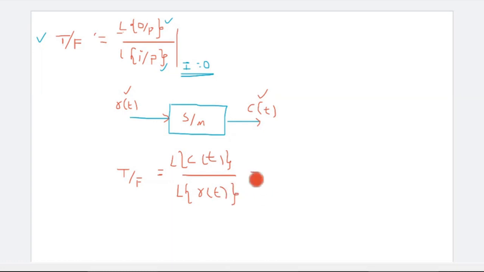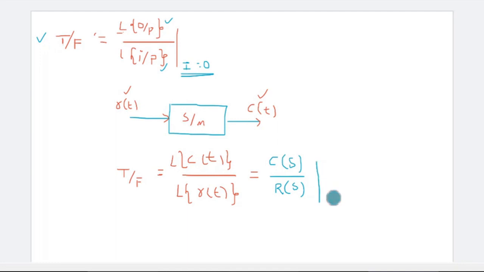Laplace transform just converts time domain to frequency domain. So the Laplace transform of C of t becomes C of S, and R of t becomes R of S. Okay, this is the transfer function of this system.